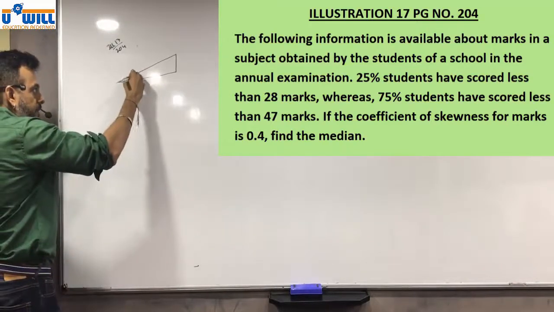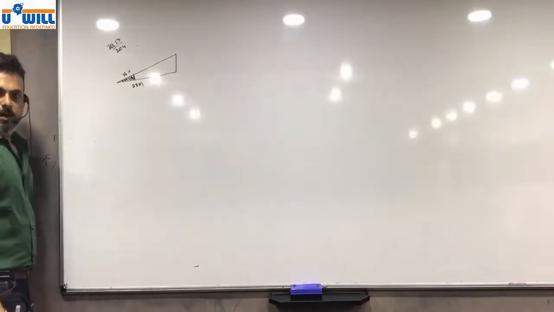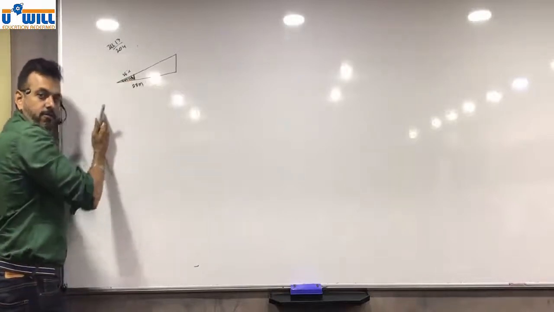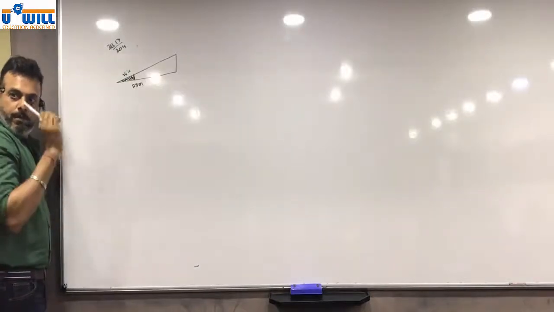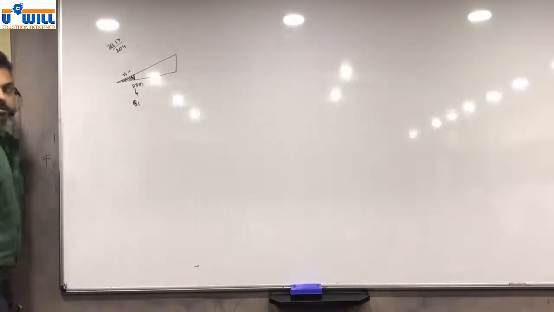Can I say these are the 25% students? Understood? Meaning the student with 28 marks has 25% students below. So which measure is this? Q1.